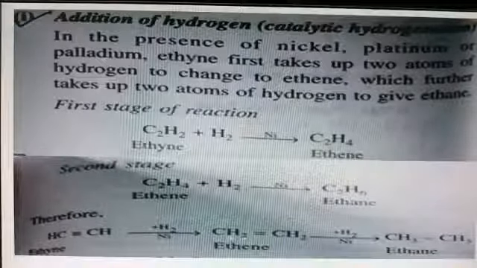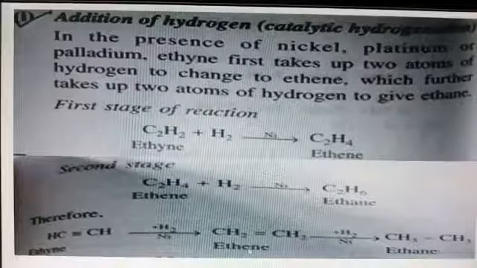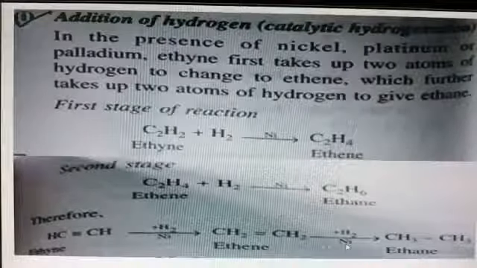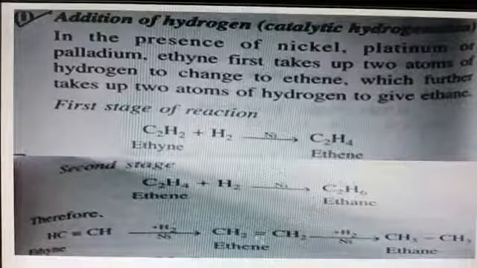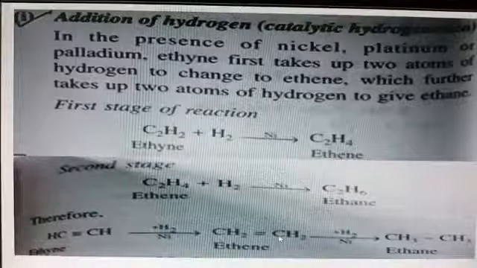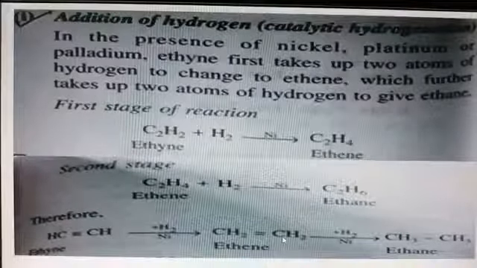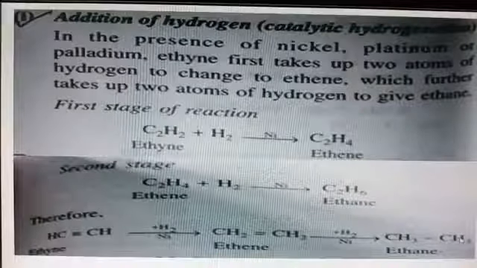As a result, it gives CH2 and CH2, which forms ethene. Again, this ethene in the presence of nickel, the double bond breaks, and one hydrogen is added to this carbon and one hydrogen to the other carbon. As a result, each carbon will have 3 hydrogen atoms, and it forms ethane.